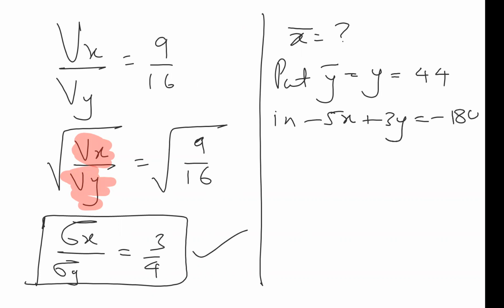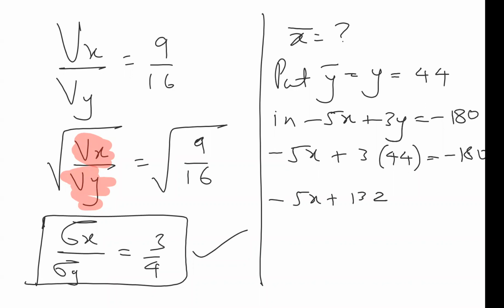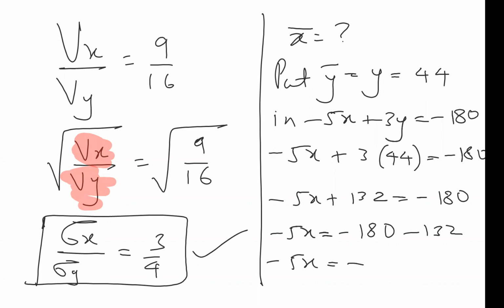Put y equal to 44 in minus 5x plus 3y is equal to minus 180. So minus 5x plus 3 into 44, that is 132, is equal to minus 180. Minus 5x is equal to minus 180 minus 132, so minus 5x is equal to minus 312.